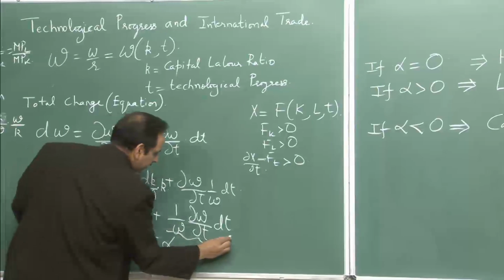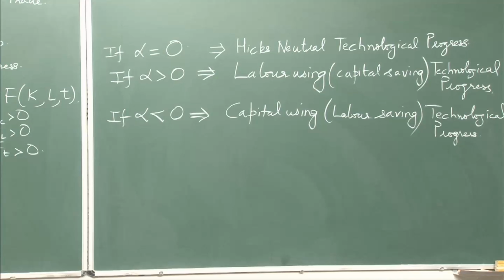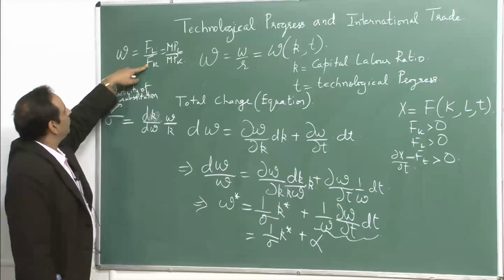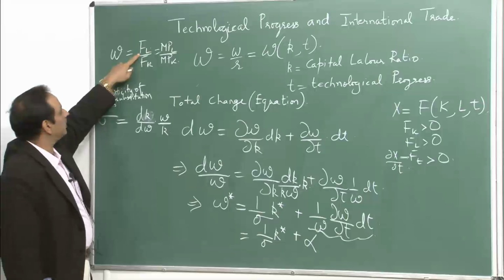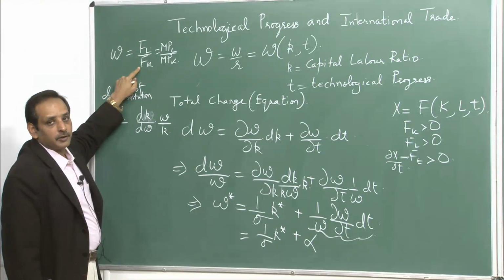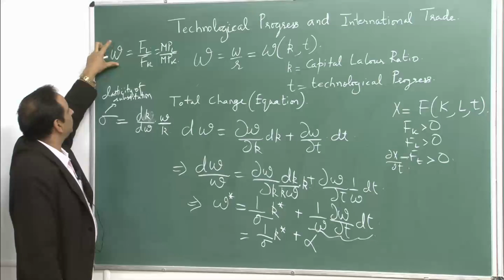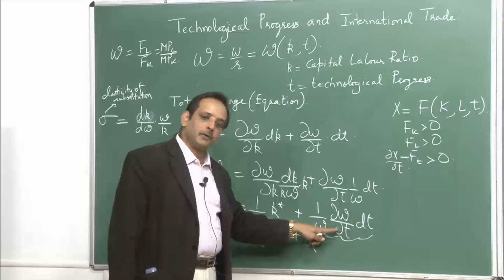Now see, remember this omega is equal to marginal productivity of labor by marginal productivity of capital. So, if the increase in marginal productivity of labor is equal to the increase in marginal productivity of capital, there will be no change in omega. When there is no change in omega, del omega del T would be equal to 0.